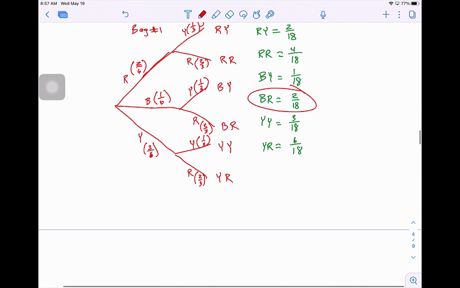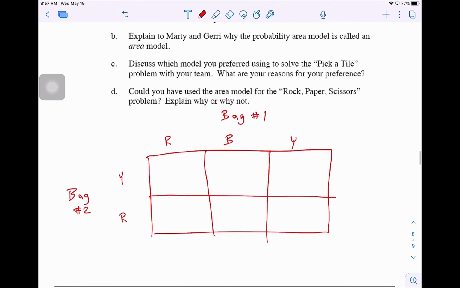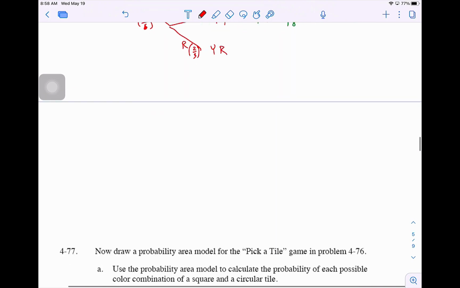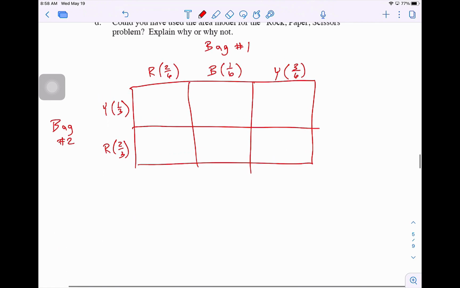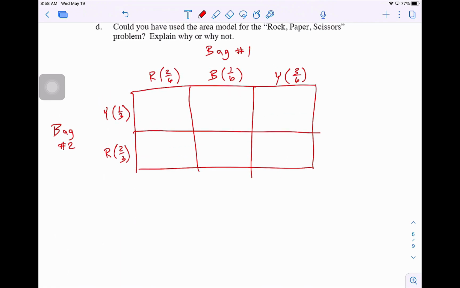And so if we do that real quickly, 2/6, 1/6, and 3/6. There, very quickly, you have your chart set up rather than your tree diagram.